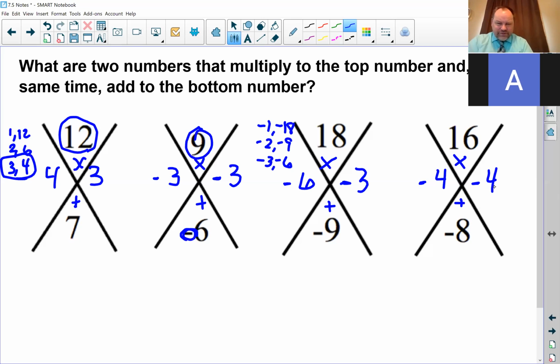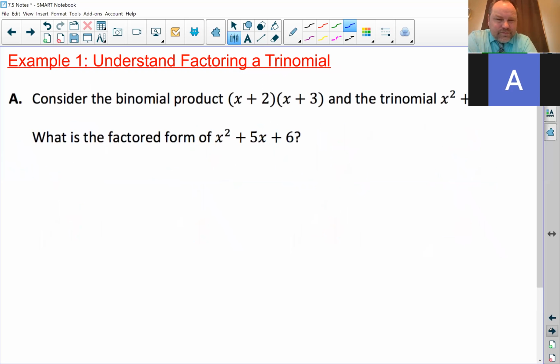All right. So how is this going to help us with factoring polynomials? Well, I'm glad you asked. So if we consider the binomials and we multiply x plus 2 and x plus 3 using FOIL or the box, and you can verify this if you would like, we get x squared plus 5x plus 6.